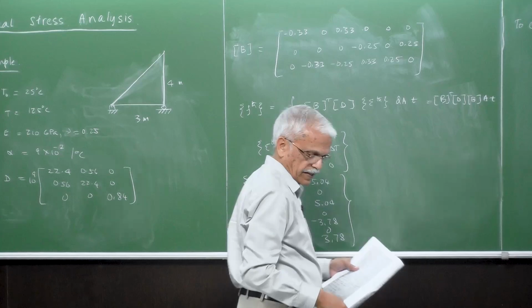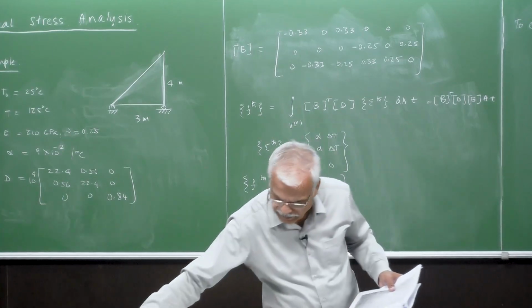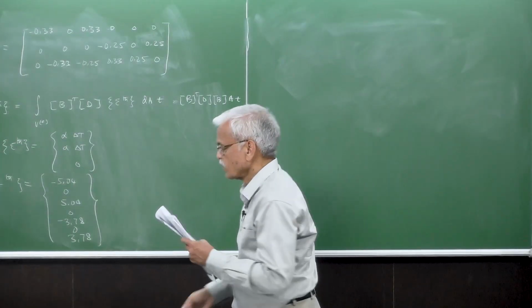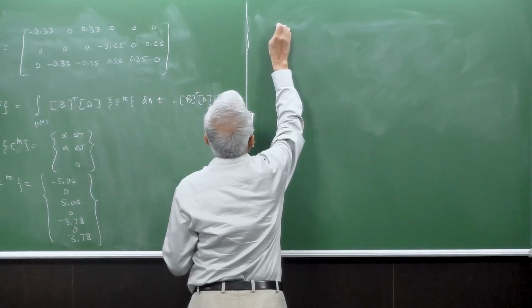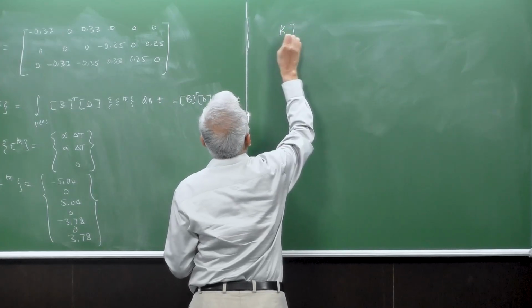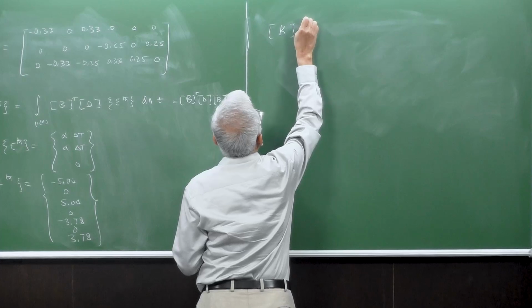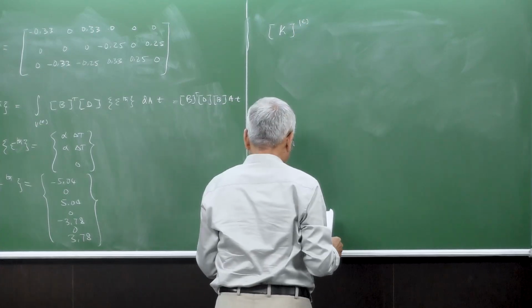And we had K as earlier. This is the same problem as last time of the rectangular plate. K is the same as earlier.